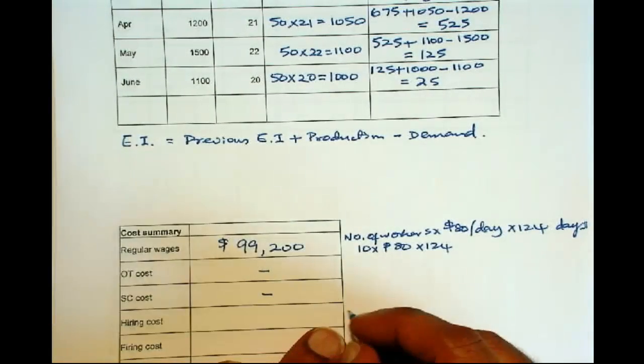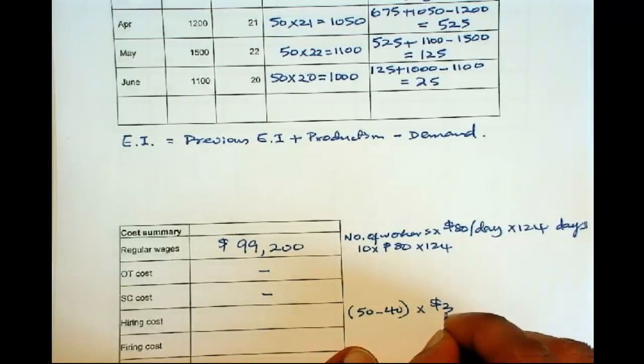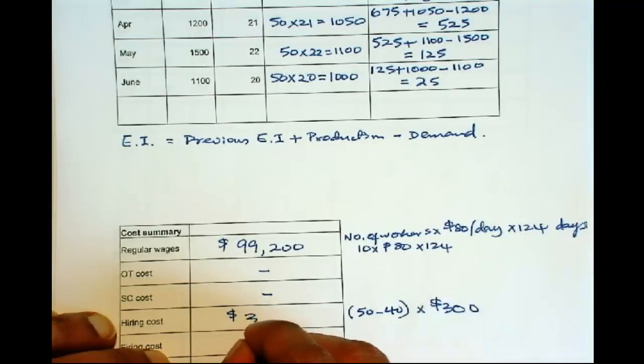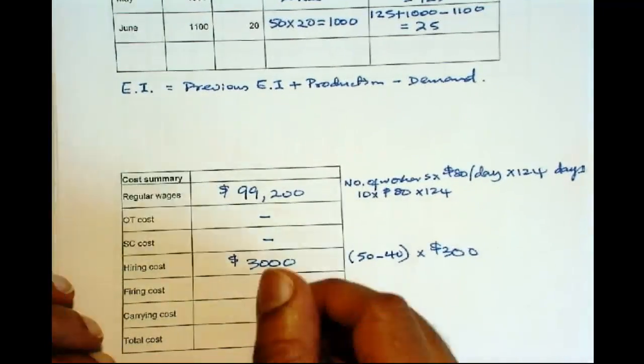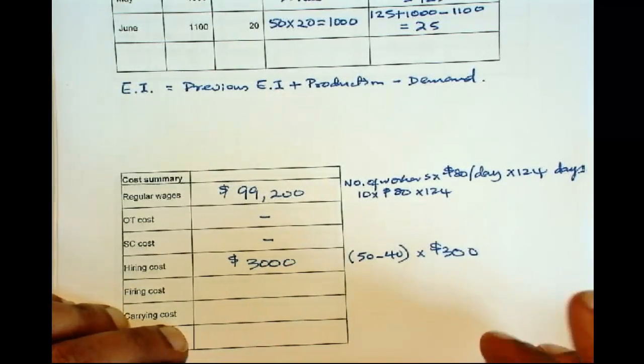So there is hiring, that is an increase in production units. So that is 50 minus 40 times 300, which gives you $3,000. And there is no firing, because there can be only one of the two in a given time period.